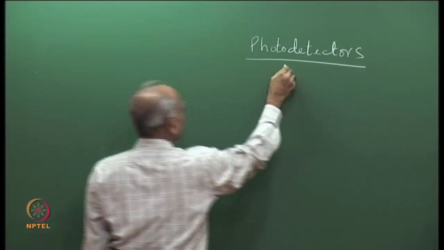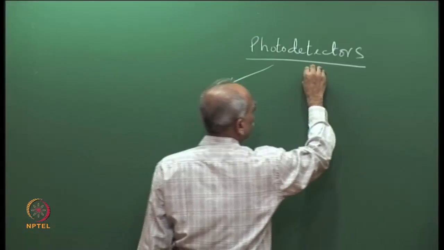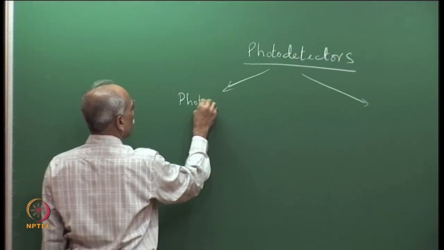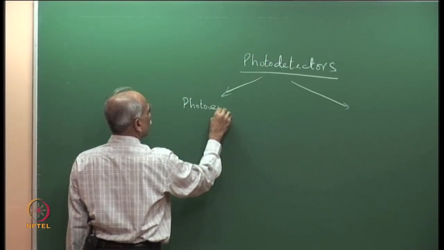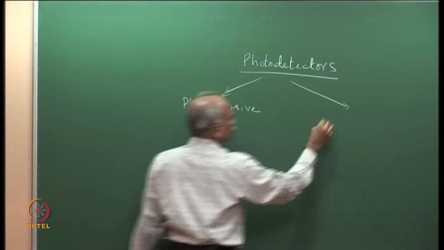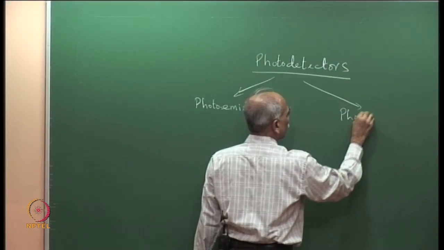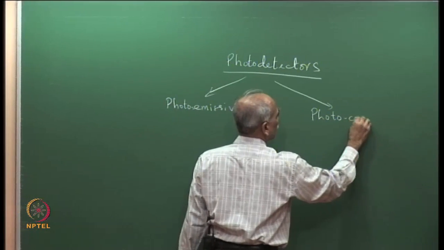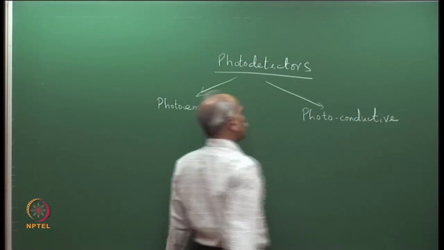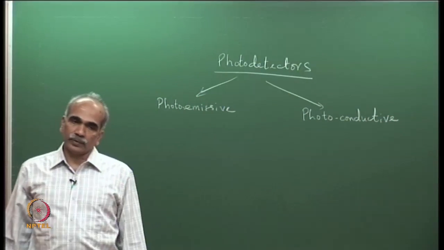are broadly classified into two types: photoemissive type and photoconductive type.